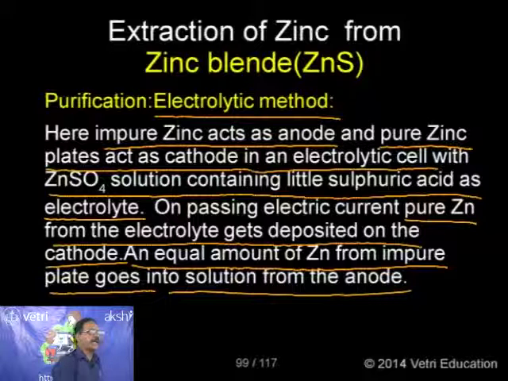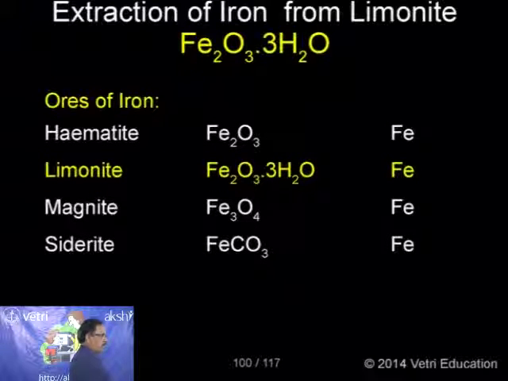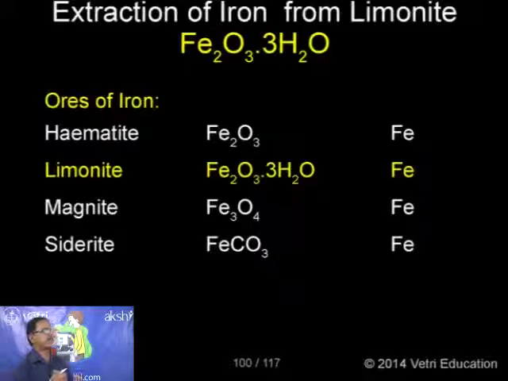So from the anode, the impure metal dissolves, and an equivalent amount goes into solution. From the solution it is getting deposited, and an equivalent amount again from the impure plate goes in. This is going on, so we are getting more and more pure zinc. This is the way we purify zinc.